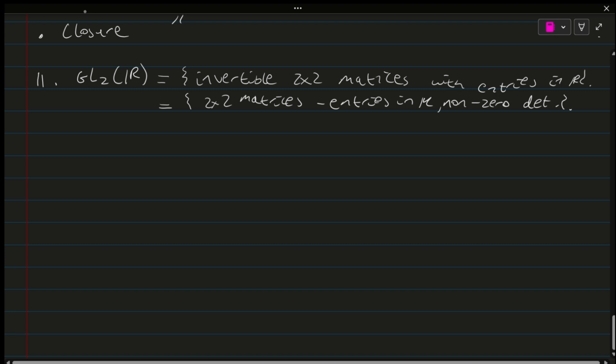And this, as I was alluding to earlier, is not commutative. If you've looked at matrix multiplication before, you'll know AB is not the same as BA. But this is not necessary for a group.